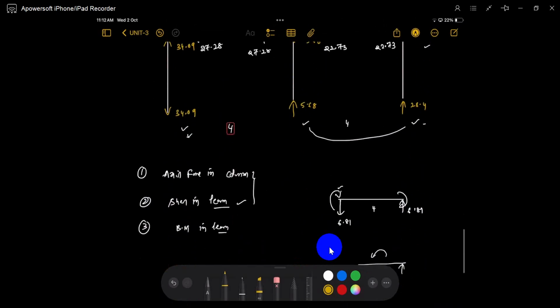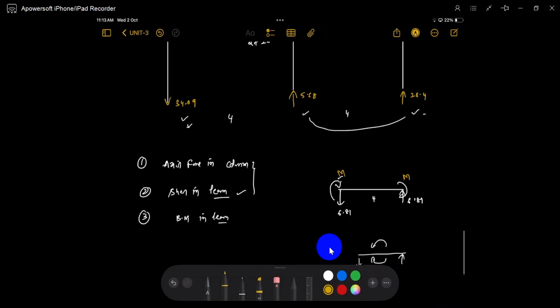If you consider M here, this is also M. Bending moment acts at both ends in the same direction and is equal, counterbalancing the shear. This happens only when the point of contraflexure is at the center. In the cantilever method also we assume a point of contraflexure at the center; then only it is acceptable.